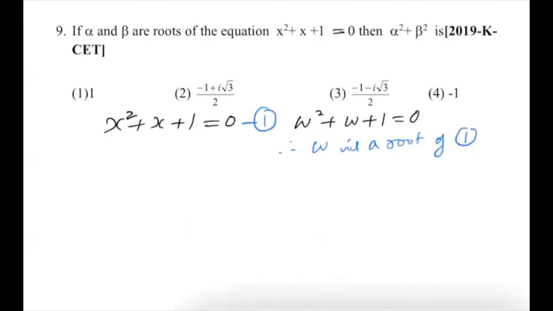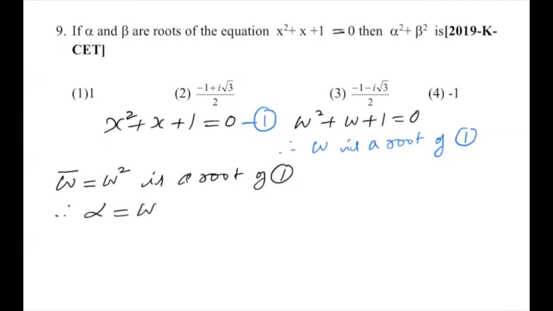So now omega is the root of equation 1. Its conjugate, that is omega bar, which is omega square, is also a root of 1. So therefore, the two roots alpha and beta are omega and omega square.